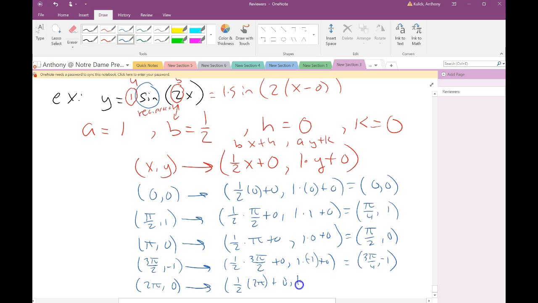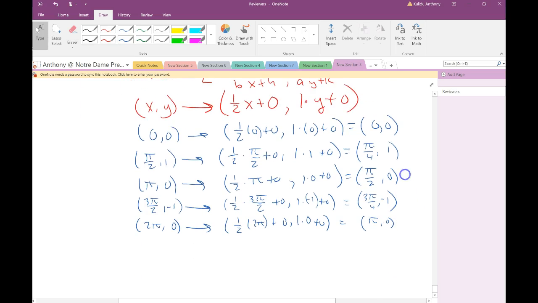Maybe you did notice it and you're just being shy. So if I look at these x coordinates, I go 0, 1/4, 1/2, 3/4, 1. They're all going up by 1/4, right?